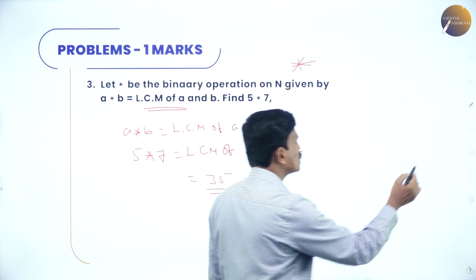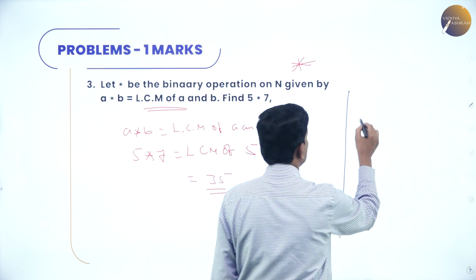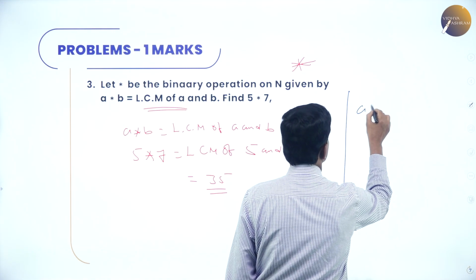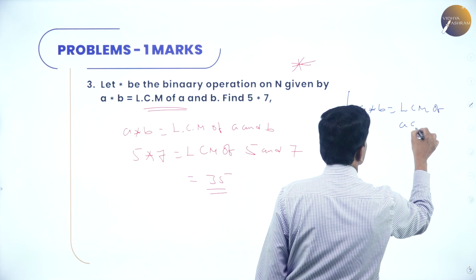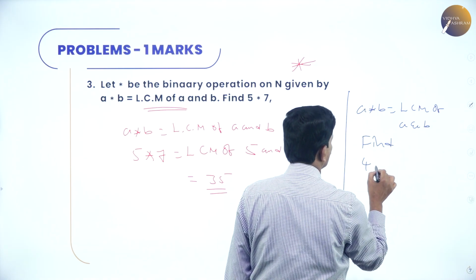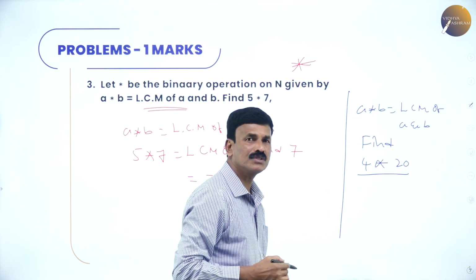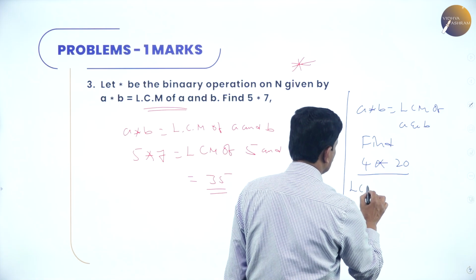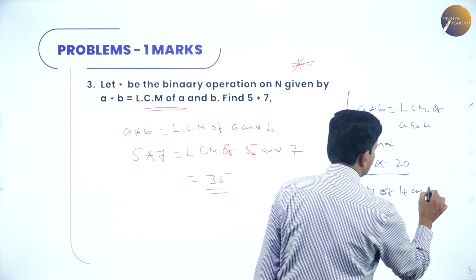Let us take one more example. Suppose a star b is defined by LCM of a and b, then find 4 star 20, the LCM of 4 and 20. So a star b is equal to LCM of 4 and 20.